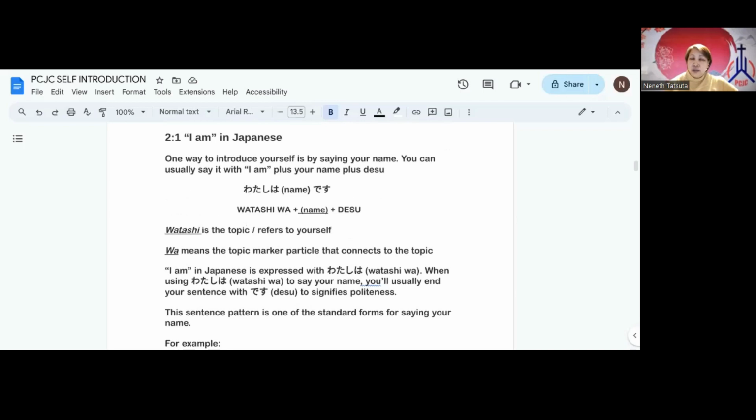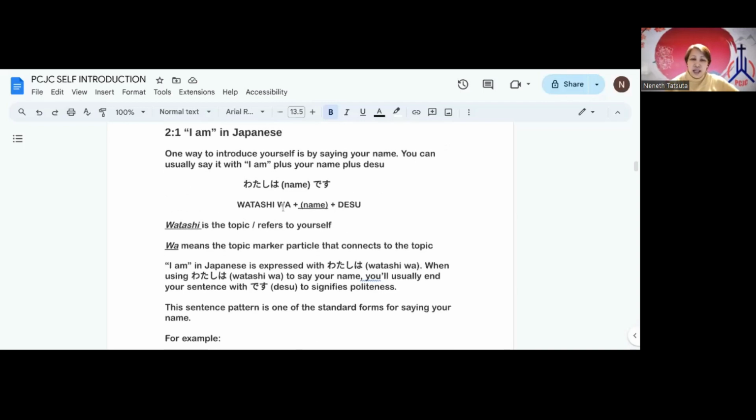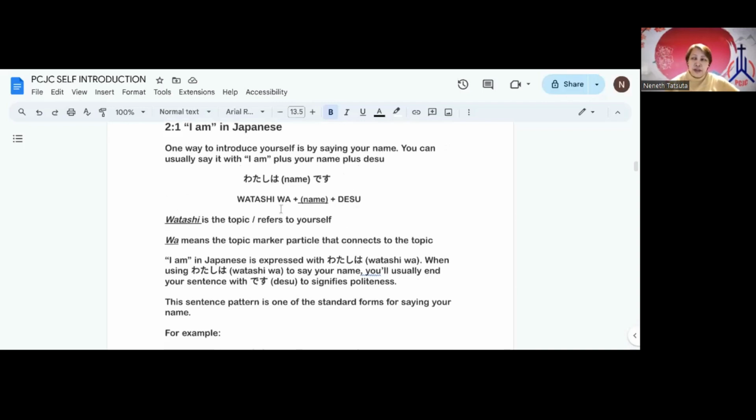Last night, I also gave you the PDF file of the subject pronouns. If you open it and read it, you would know why I sent that last night: the preparation for your self-introduction. So watashi wa is there. Watashi here refers to yourself.